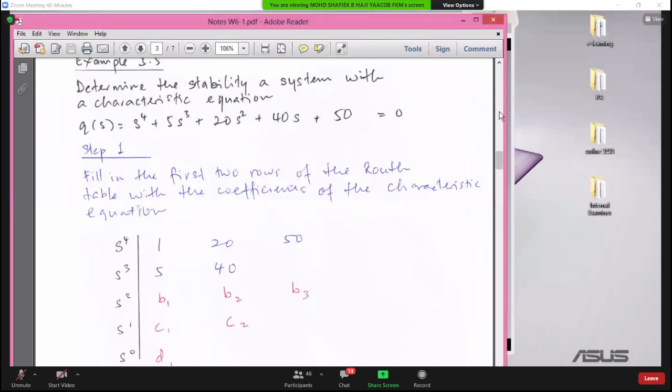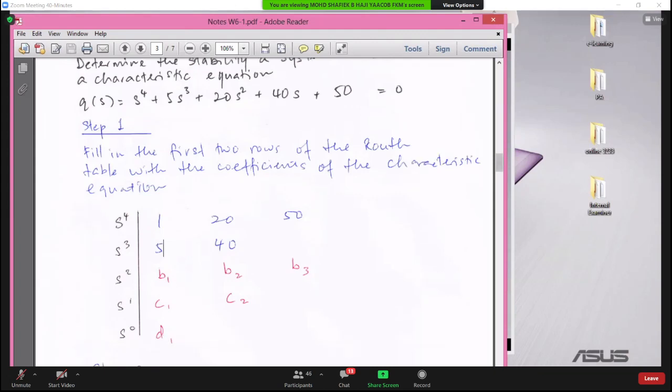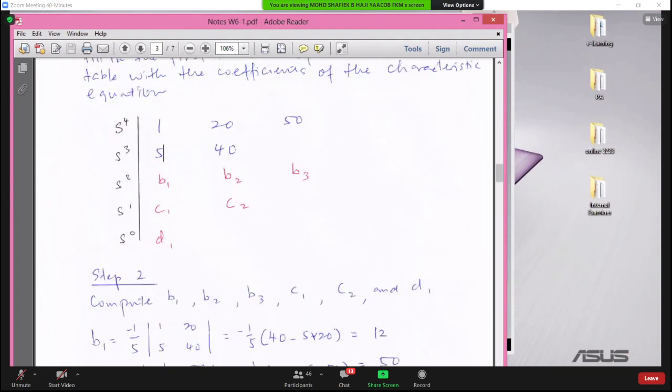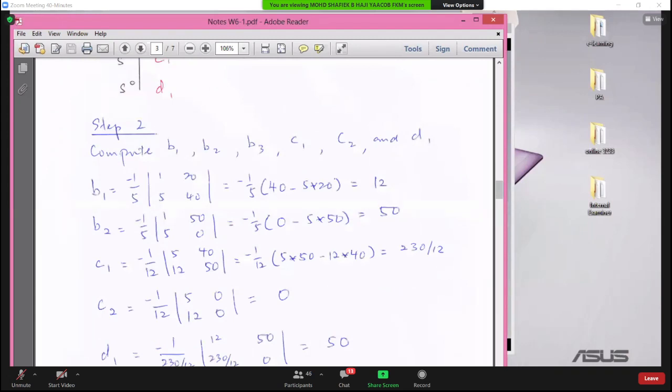Okay, so the step-by-step description of how to fill in the Routh table is described in my handwritten notes. Everything is there. You can go through that.